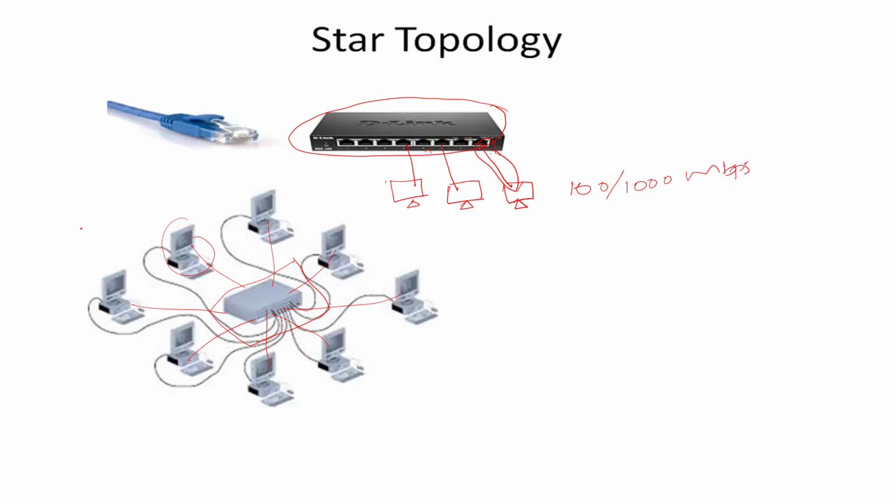The cable used to connect devices to the switch is twisted pair cable, and both ends of this cable have an RJ45 connector. One more thing I can explain: here we have multiple ports, right?